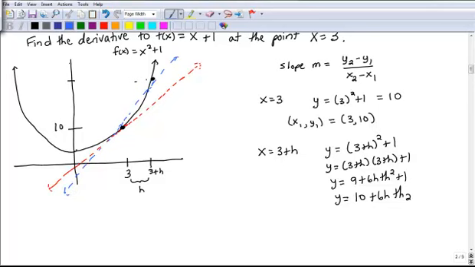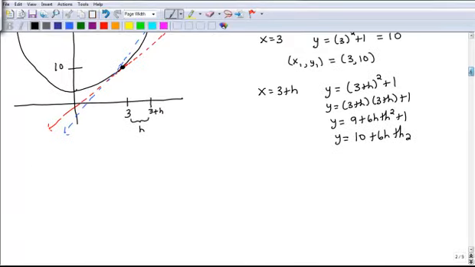The blue line I just drew would be the secant line between those 2 points. And so now I have my 2 points to plug into my slope formula. My x2, y2 turns out to be 3 plus h, because that's the new x value.